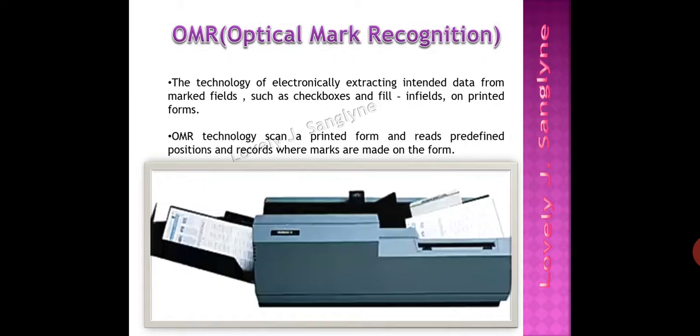Suppose it is an exam whereby we have to answer multiple choice questions in the form, then we can mark using a pen or pencil, and that form will be scanned and read by using the OMR technology.